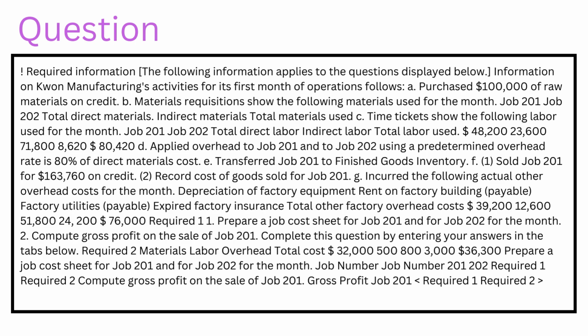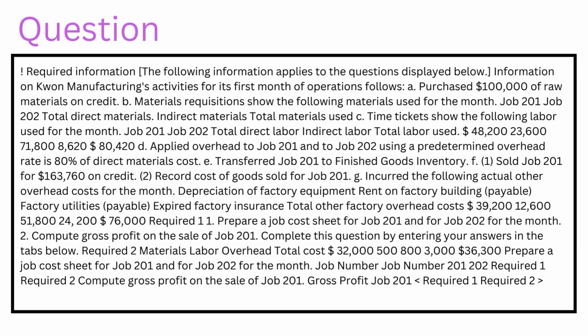F. Sold job 201 for $1,63,760 on credit. Record cost of goods sold for job 201.